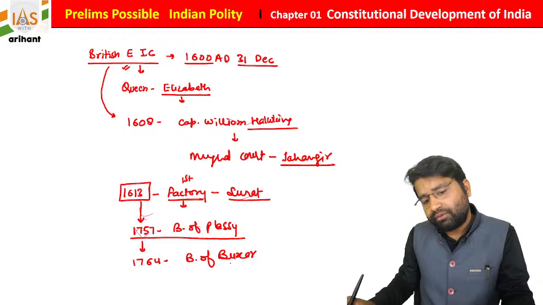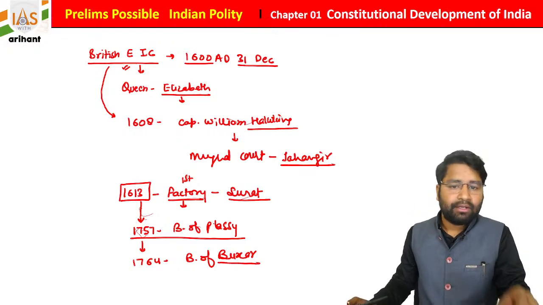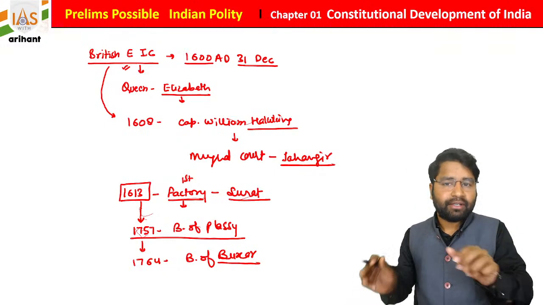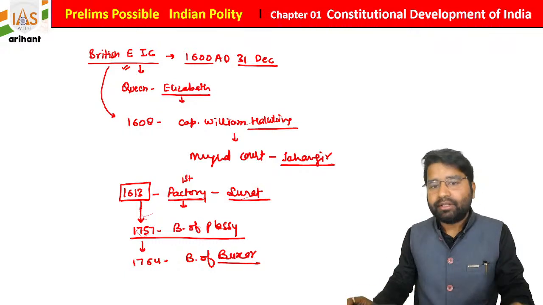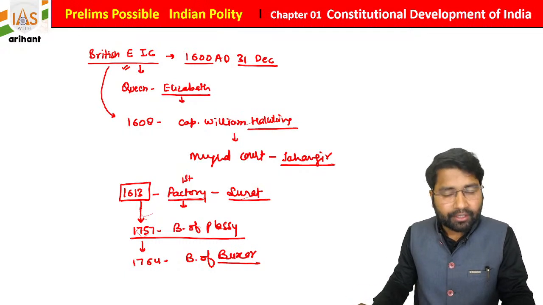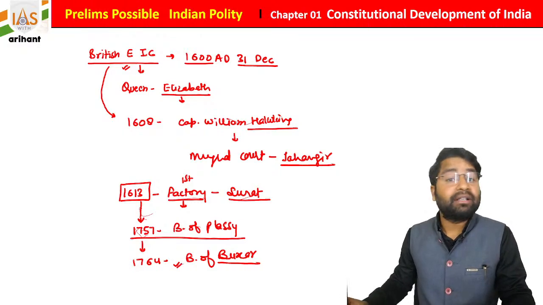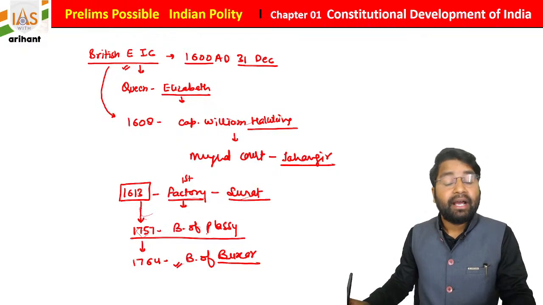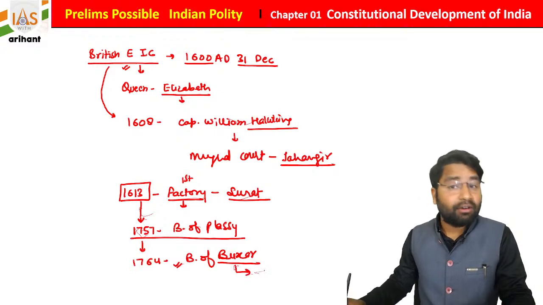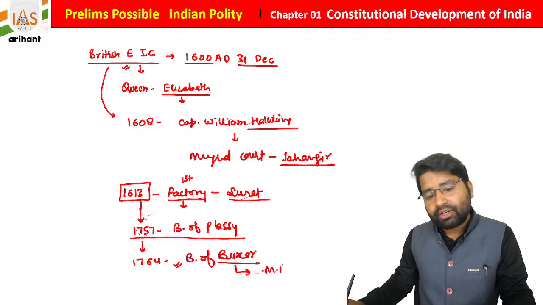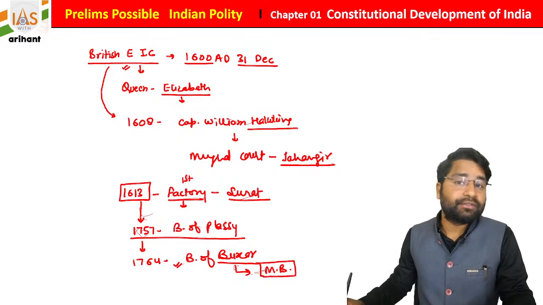Now there's a question: why am I discussing these things? As we already said, we are going to start Indian polity and constitutional development in India from the very basic beginning. So in 1764 the Battle of Buxar was fought, and what you find, students, is that the Mughal Badshah was also defeated in this battle.